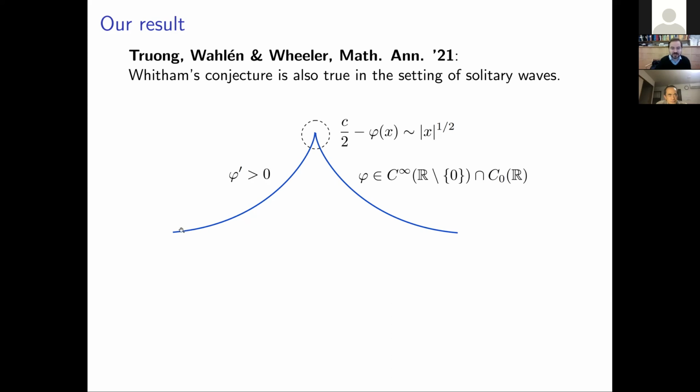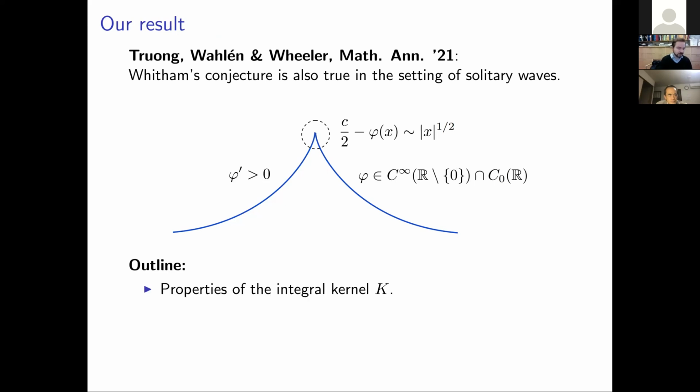It's monotone increasing from, say, minus infinity to 0, where we have the crest. It's also smooth outside the origin, and it's exponentially decaying. And then at the crest, we have the same sort of behavior as in the periodic case.